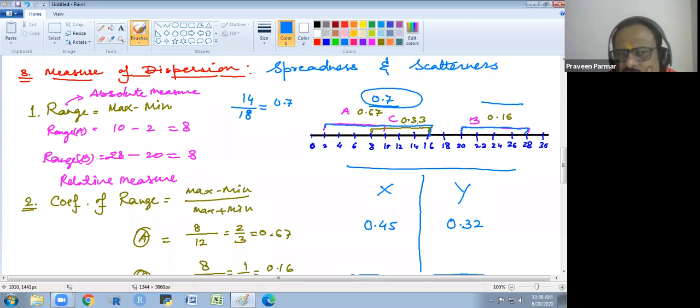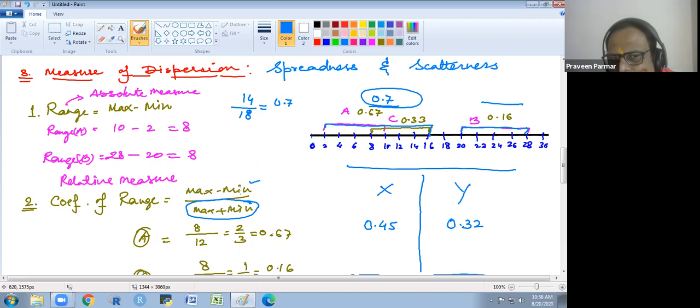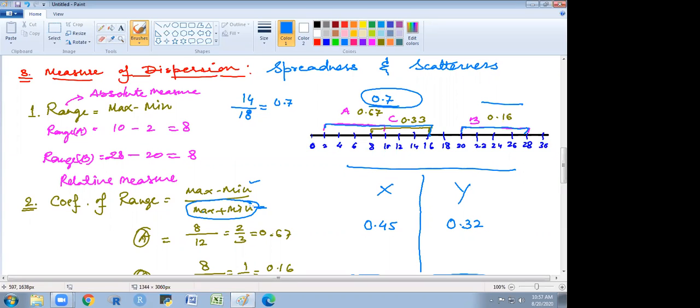Because in the denominator we add the maximum and minimum, and in the numerator we are taking the difference only. Is it clear? Try to understand: if the difference is greater, then the total would be greater, no? Yes, sir, the total will be greater.